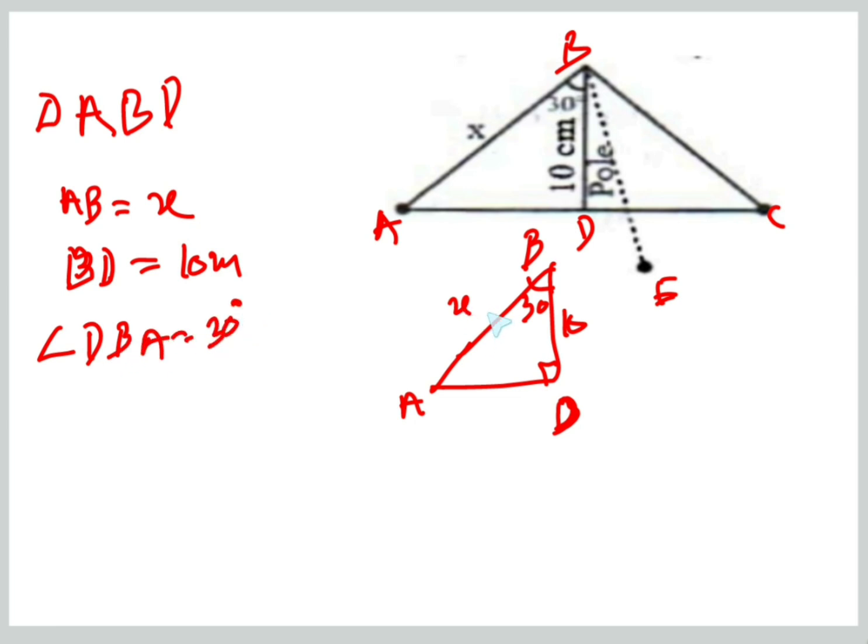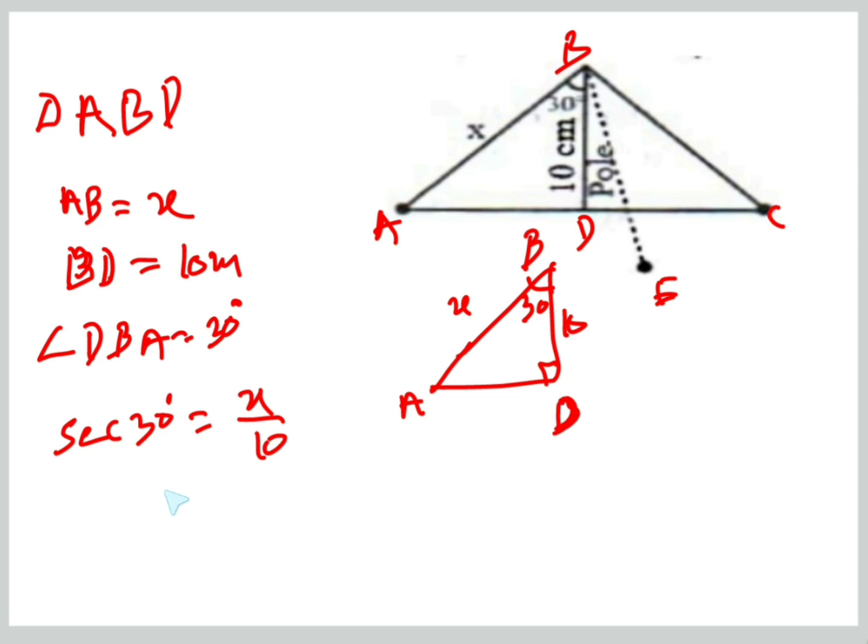The relation between the angle, adjacent side and hypotenuse is cos theta or sec theta. We can write sec 30 degrees is equal to hypotenuse by adjacent side, x by 10.